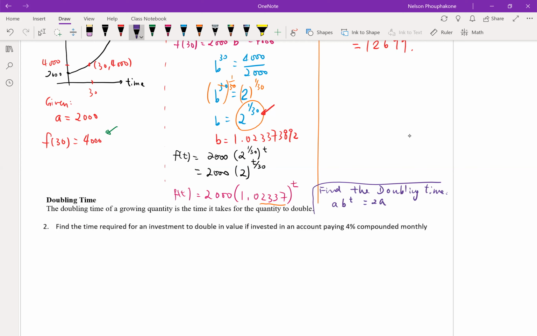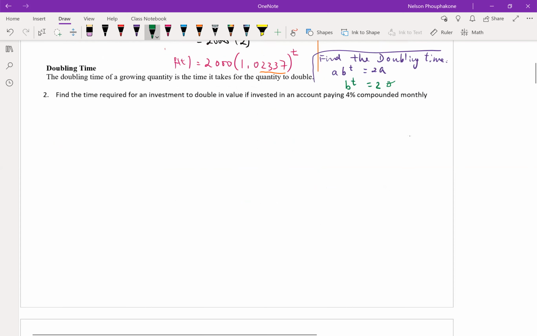I want to know how long it will take the quantity to double, so I set up A times b to the t equal to 2A. If you divide both sides by A, you see that b to the t equals 2. From there, we can take the natural log of both sides of the equation and solve for t. So this is the idea behind the doubling time.